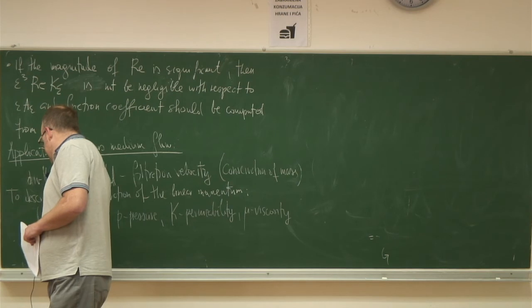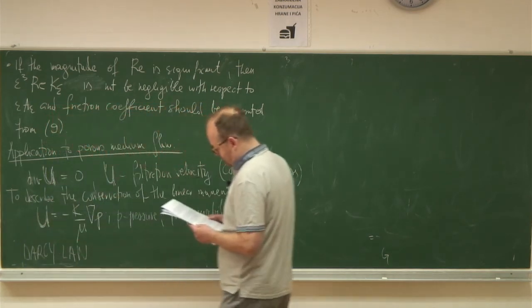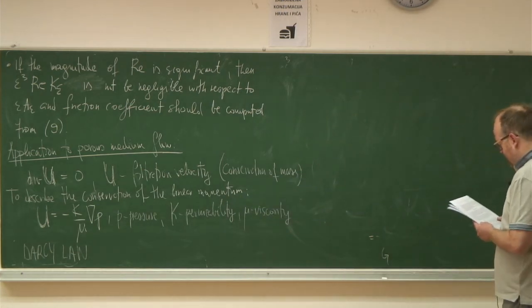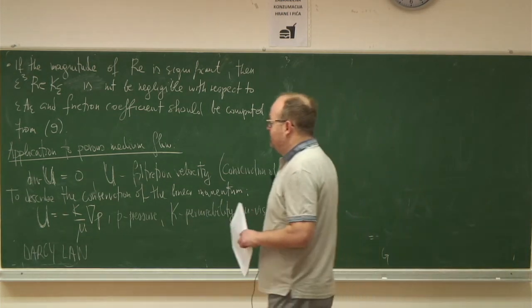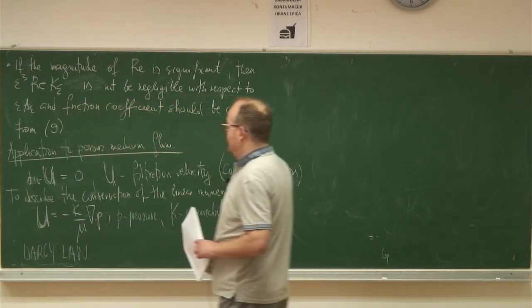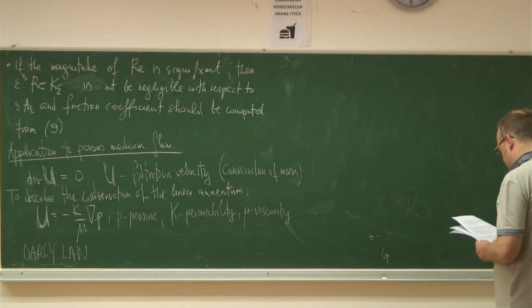I believe that you all are familiar with it. It is the most simple one, but it cannot take into account the no-slip boundary condition imposed on the impermeable boundary of the considered domain, and that is its main drawback.